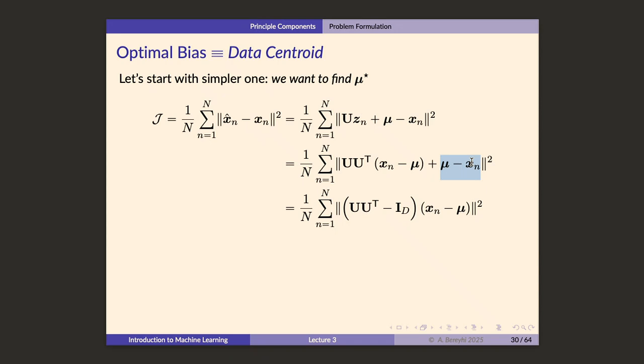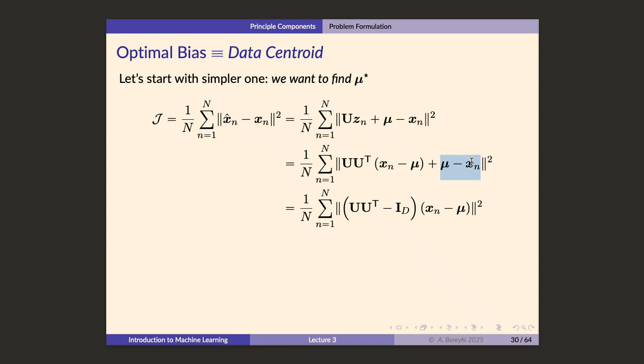So I'm going to remove this plus and write it as minus, which gives minus xn minus mu. It's the same thing. So let me sort it out: it's going to be xn minus mu.